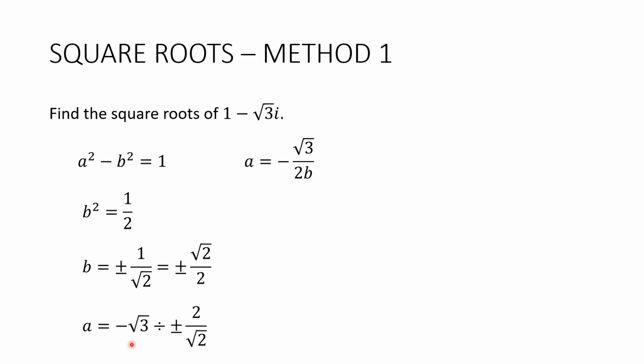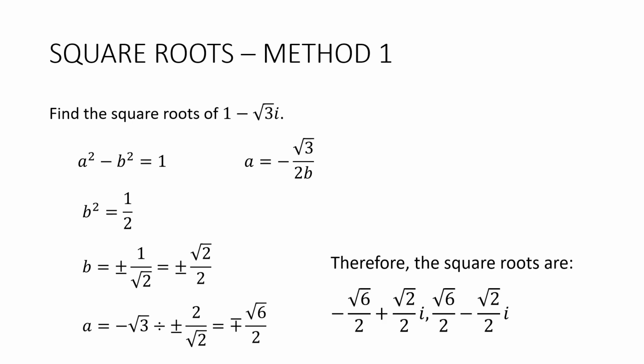Now because I've got this negative here, it's going to flip this plus or minus upside down, if that makes sense. So I end up with minus or plus √6/2. So putting it all together, our square roots are -√6/2 + √2/2 i, and √6/2 - √2/2 i.